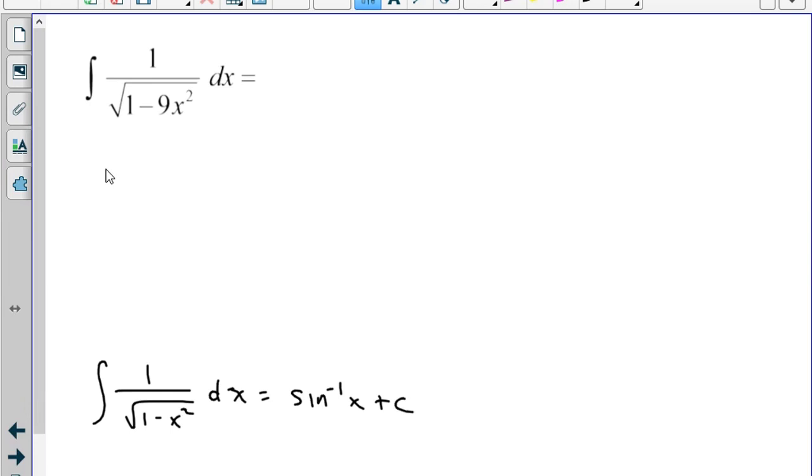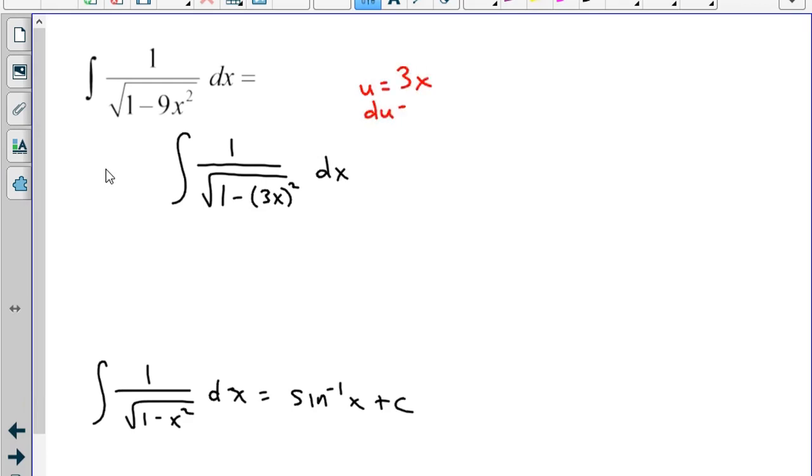So in order to do that, I'm going to make 9x squared into 3x, the quantity squared. Now I can make a pretty simple u substitution. So u equals 3x and du equals 3 dx.